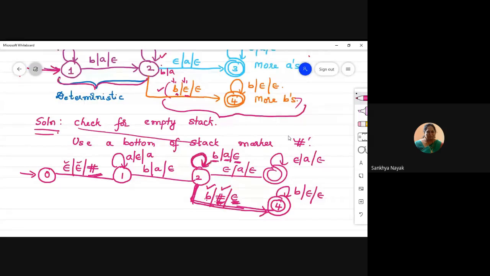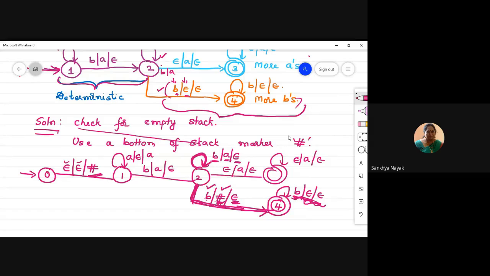So you are converting it into deterministic mode to go to the final state. And once you are in the final state, we popped hash already, so it doesn't matter what is in the stack. We'll just keep quiet. Anyway, you are in the final state, so no action. Just consume B's. Okay, I hope this is clear.